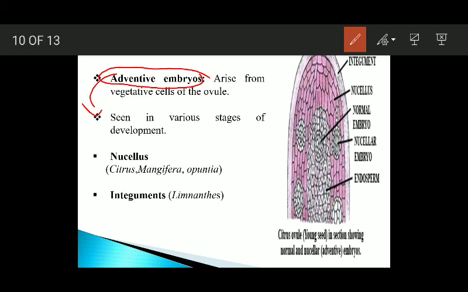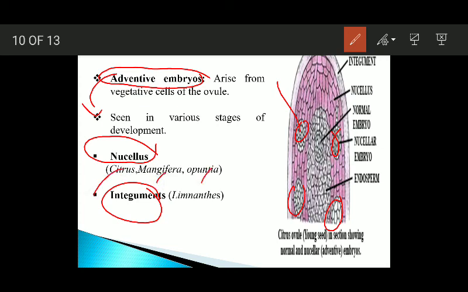And you can see many adventitious embryos at various stages of their development in the same ovule. For example, here we are having many embryos, at various stages of their development. I already told you, adventitious embryos can arise from either the nucellus or the integuments. They arise from the nucellus in the case of Citrus, Mangifera, and Opuntia.